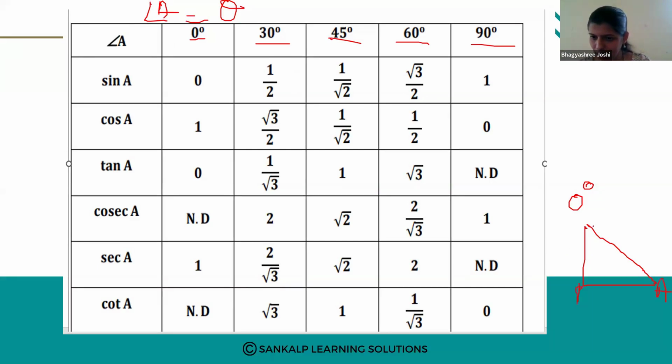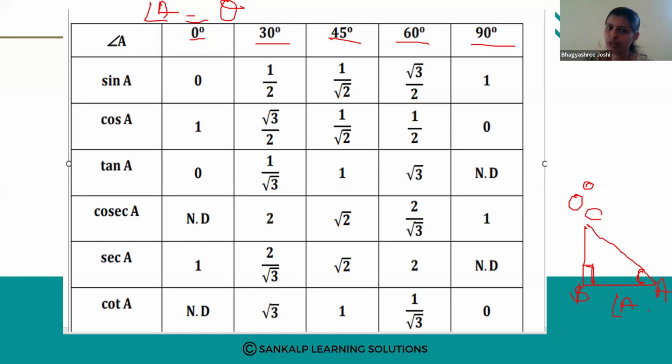A, B, C, if you consider, this is a right angle triangle. Angle B is 90 degree. Our theta is at point A. Then you call it angle A. So every time we write sin A, cos A, tan A. Why? Because our angle lies at point A.